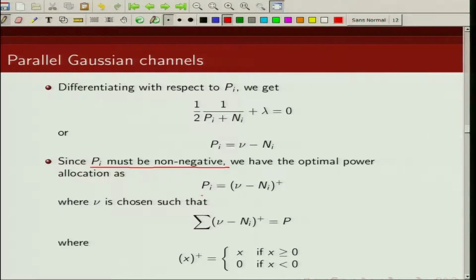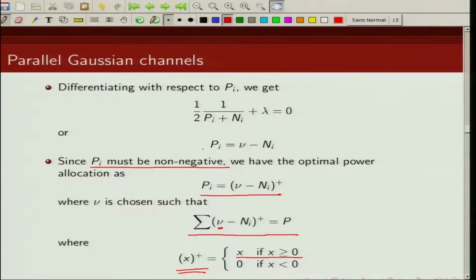So I'm writing Pi as (mu minus Ni)+, where this operator means this is equal to x if x is greater than or equal to 0, otherwise it is 0. And how do I get this value of mu? The summation of these should add up to the power constraint that I have.